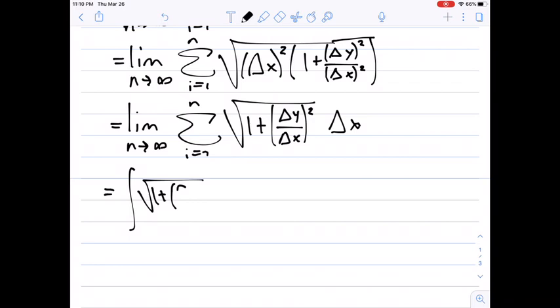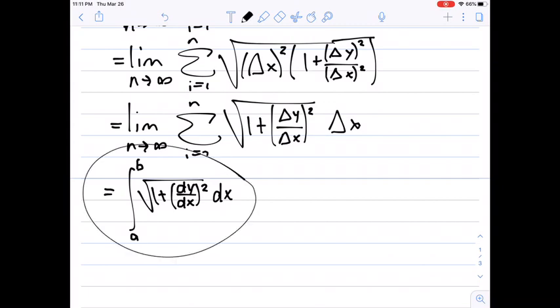So we can put that here. We have dy/dx squared. We are integrating with respect to x, and we have our smallest x value. We started our curve at x equal to a, and we finished our curve at x equal to b. And that right there, that is the arc length formula.